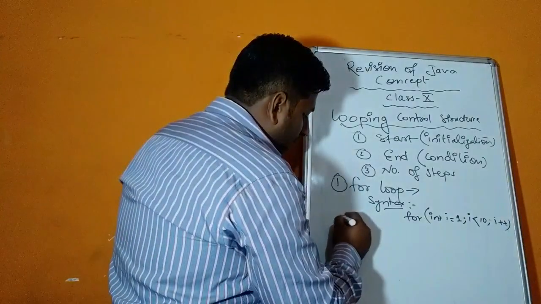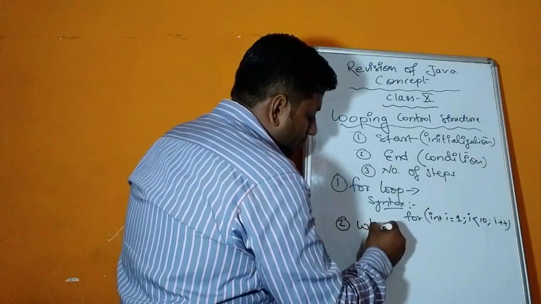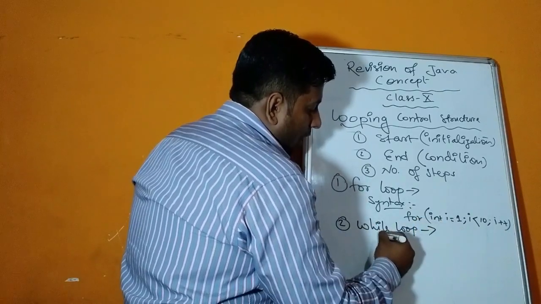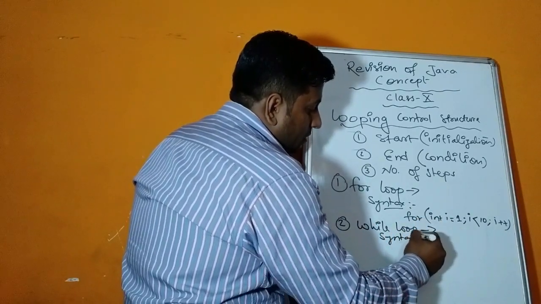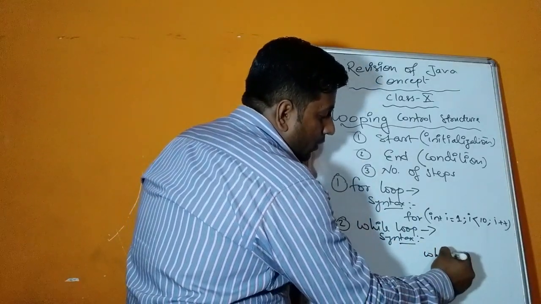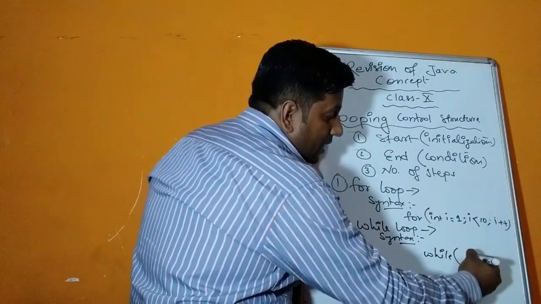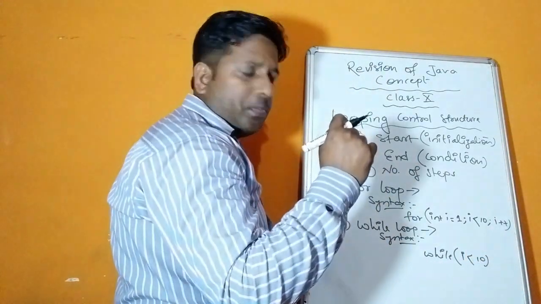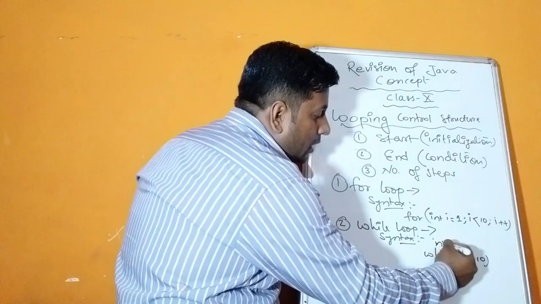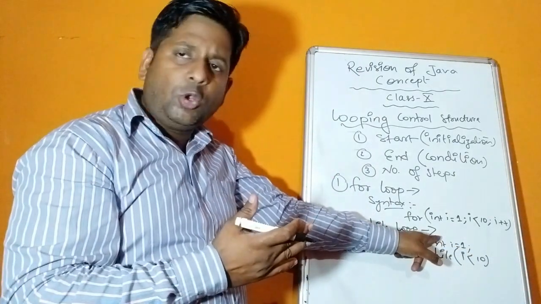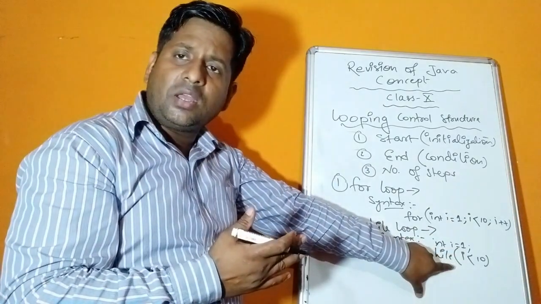So secondly we have a while loop. While loop syntax is simply while, we'll write bracket, give the condition, say i less than 10. Condition should be inside the loop. Initialization should be above the loop. See here, initialization means starting part should be above the loop. Condition should be inside the loop.